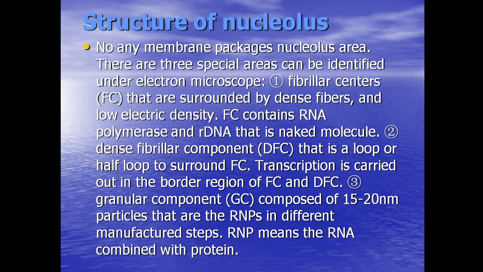What do you mean by RNP? RNA combined with protein. RNP means RNA combined with proteins. These are the small particles of 15 to 20 nm, and they are in different manufacturing steps.